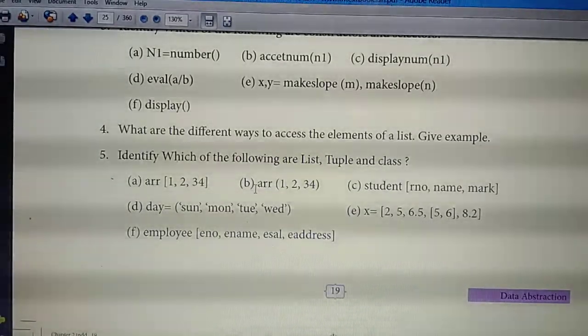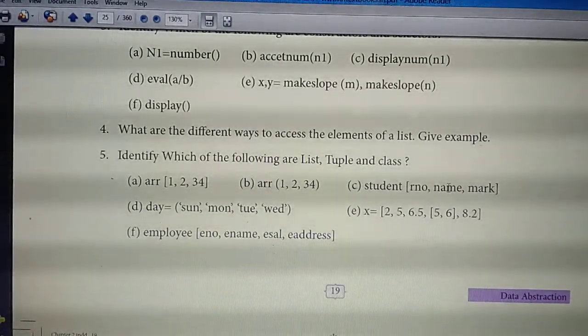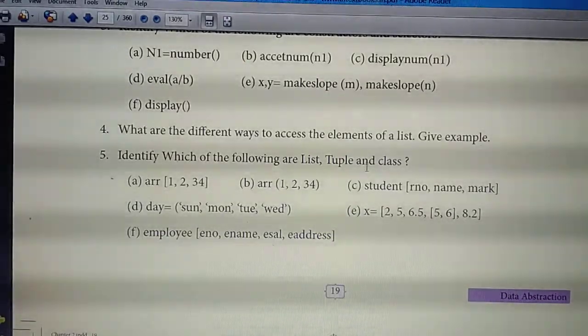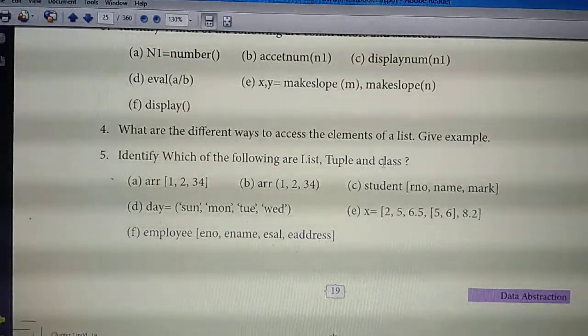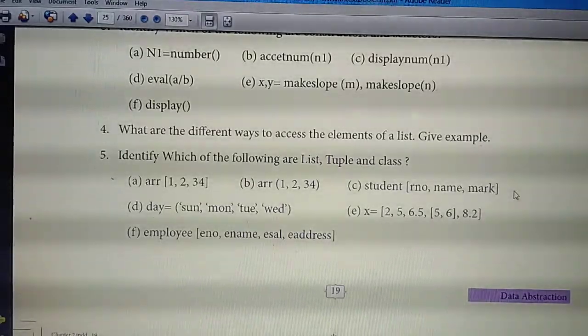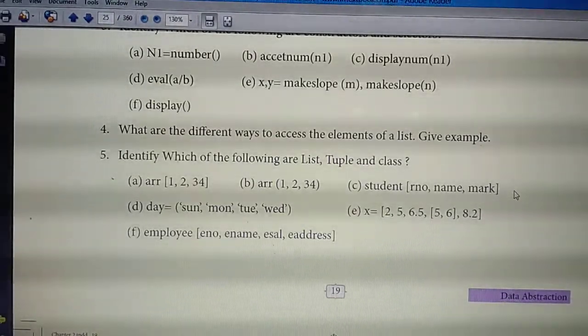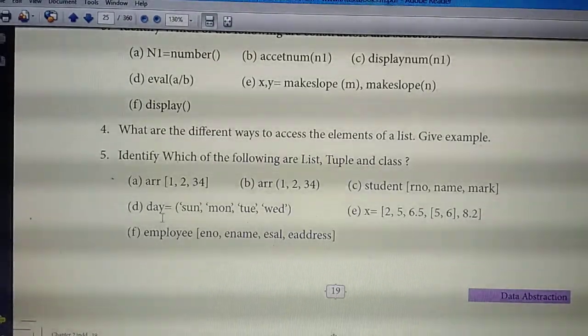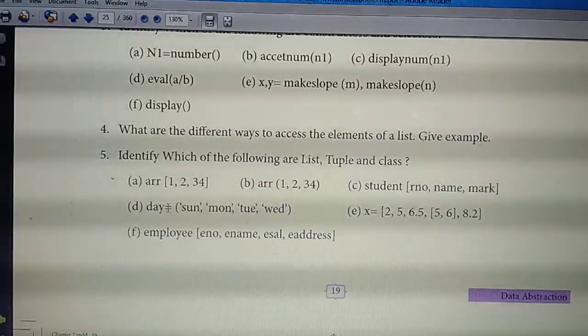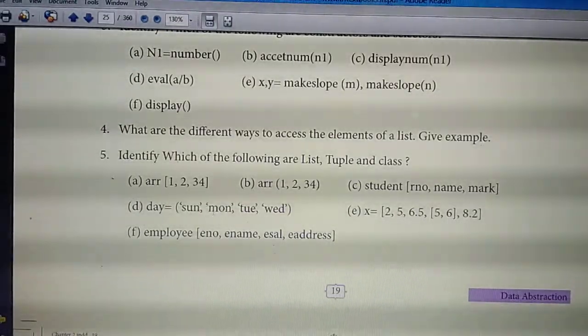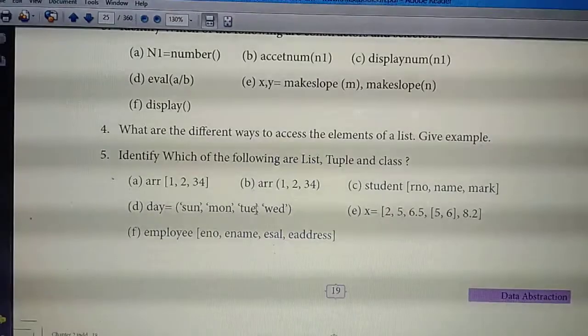Have you all written? Answer of C is class, C-L-A-S-S.